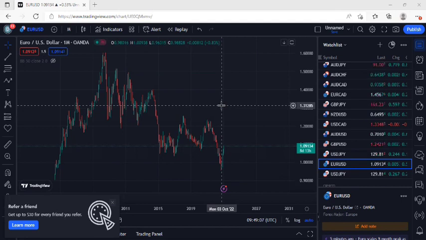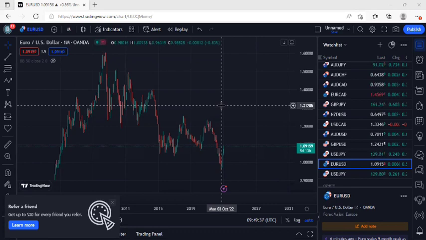That is why having a perfect knowledge of market structure in Forex trading is very, very important, because without knowing the direction of the market, where the possible reversal might take place, or whether the trend is continuing, being profitable in the Forex market might be difficult.